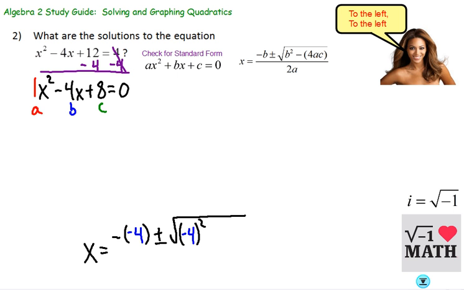And then it says minus, so I'll write a minus. Then it says parentheses 4 times A times C. So 4 times A, which would be 1. So times 1. And then times C, which in this case is 8. So times 8. And then close off the parentheses, and then that's all divided by 2A.